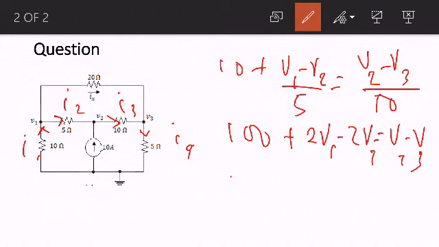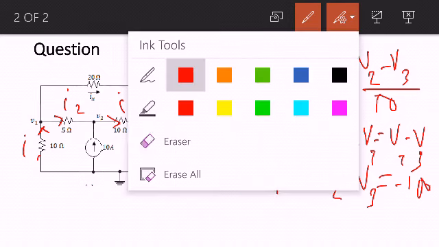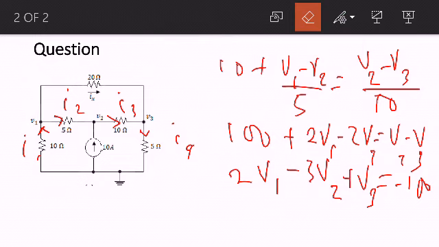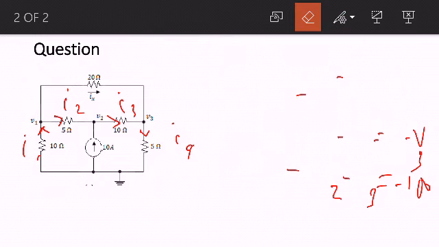So if we bring all on one side, we get 2V1 minus 3V2 plus V3 all equal to minus 100. You can write that down somewhere: 2V1 minus 3V2 plus V3 is equal to minus 100. Okay, so we look at node 3. Let's erase this and look at node 3.